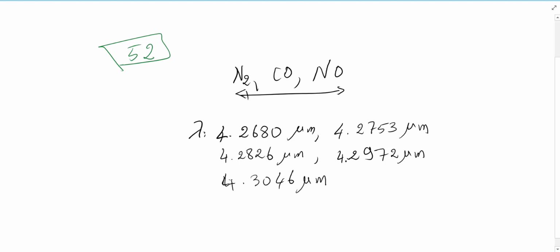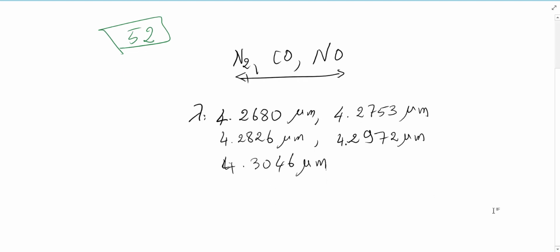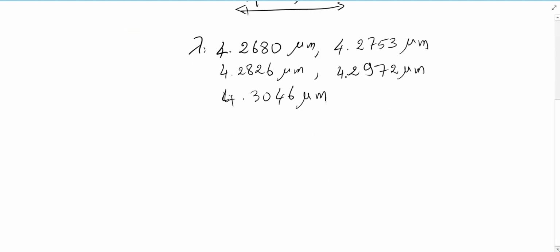So those are bands that are missing from the spectrum, arranged from shortest to the longest wavelength, basically meaning from the most energetic to the least energetic one.